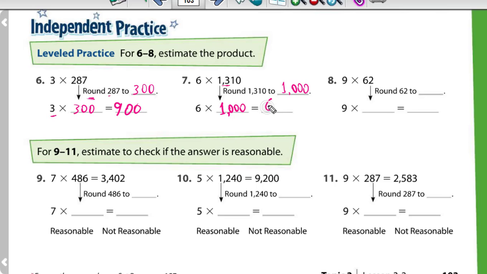You need to keep the timetable. And 6 times 1 is 6. And we have extra 3 zeros. So 6 and 3 zeros. So the estimate is 6,000.